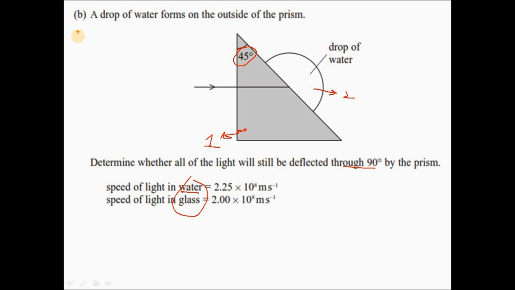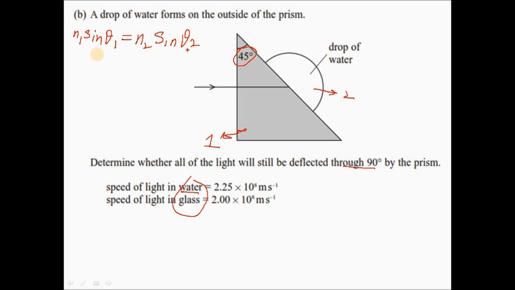I'm going to use the relation n1 sine theta 1 equals n2 sine theta 2. Remember, this shows medium 1: refractive index of medium 1 and angle in medium 1, refractive index of medium 2 and angle in medium 2.